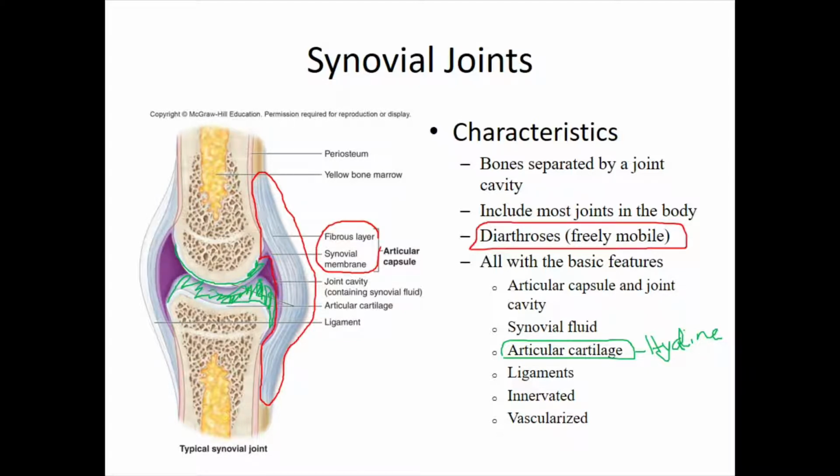Ligaments can be part of the articular capsule or they can be extrinsic to the articular capsule. So the joint capsule or articular capsule are both the same thing. We're just using a slightly different name. Other characteristics include that we're going to find nerves, which innervated means that you have nerves in the tissue. Vascularized means that you have blood vessels in the tissue or structure.